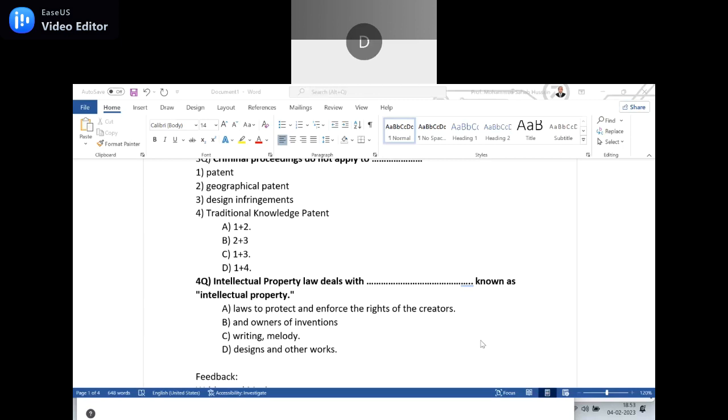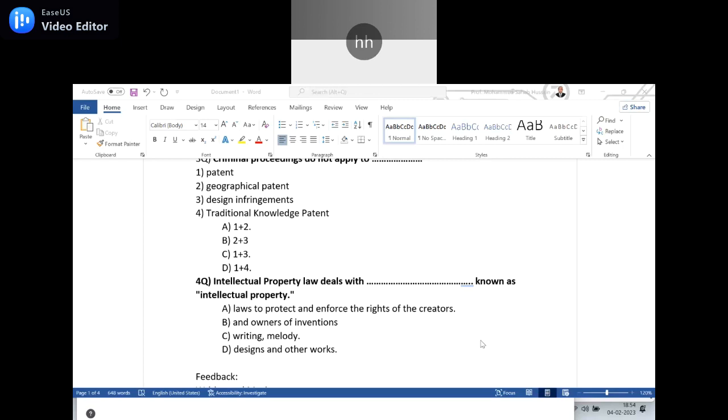When you see intellectual property, creators means writers, artistic work. These are the creators. Inventions means patents and a new variety of rice or any other medicine. And C, writings, comes under literary work.